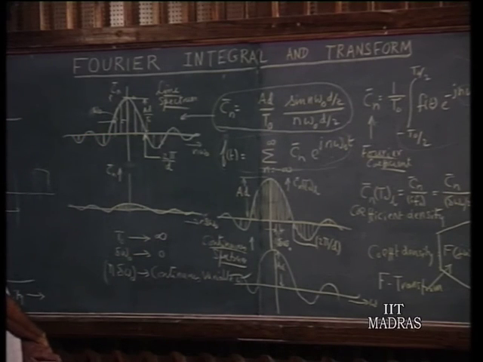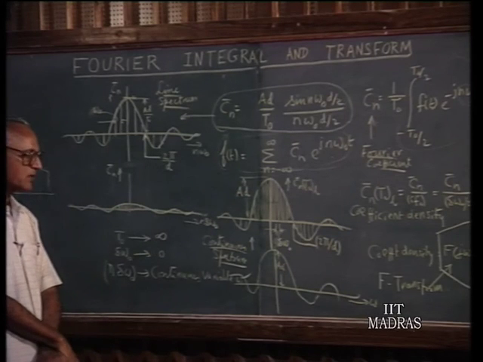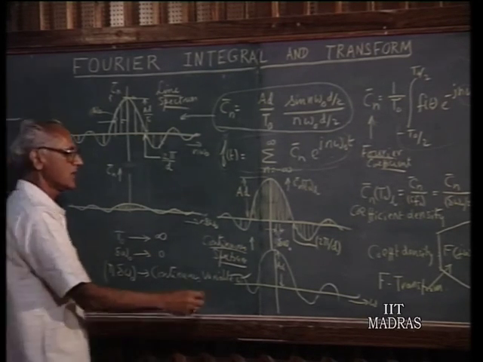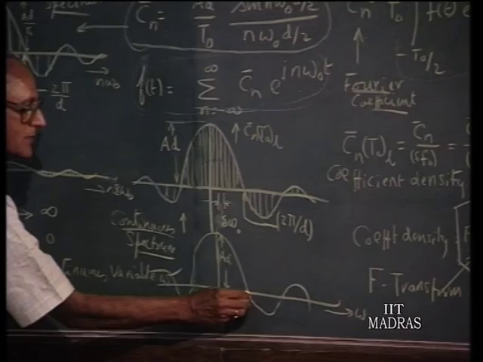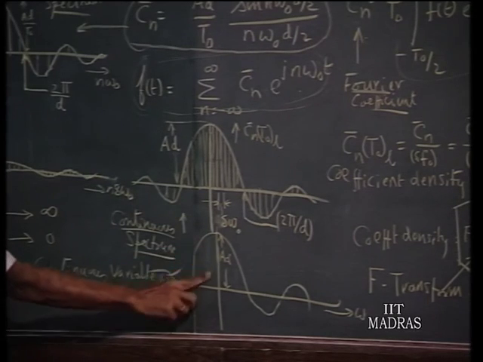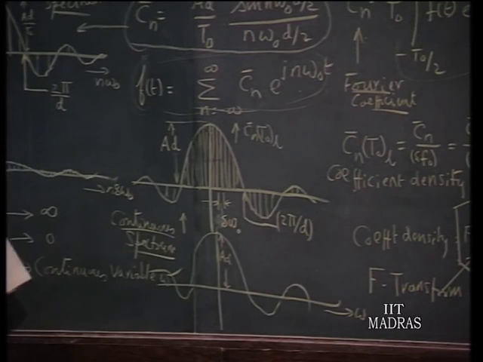So, what we started with as a line spectrum now becomes a continuous spectrum. That means almost every single frequency is present. Of course, almost every, because at this point we can say this is 0, but nearly everywhere you have a frequency component present. And what we are plotting now is not anymore the Fourier coefficient Cn, but the coefficient density.